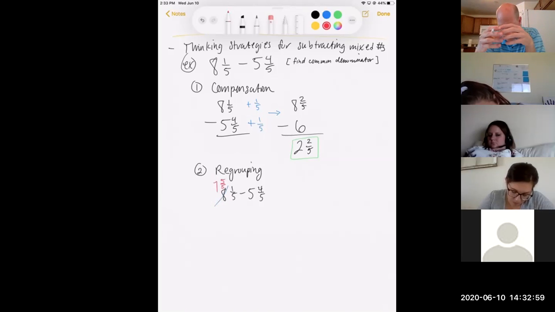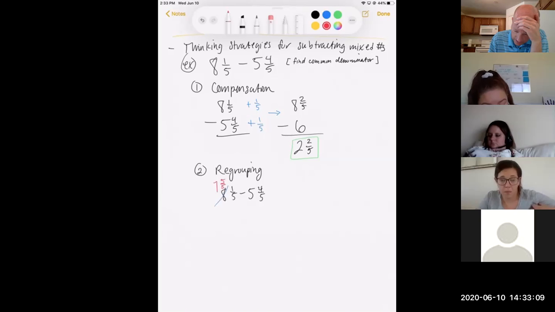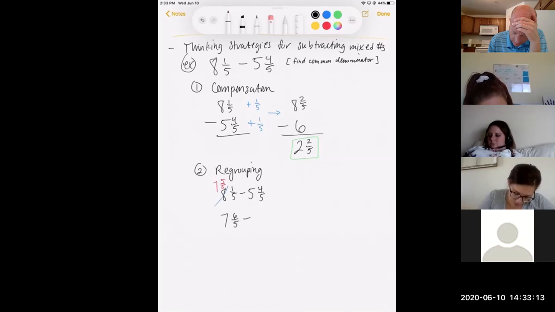So I can change out one of my whole numbers with 5/5. And so I have 7 wholes and 5/5 plus another 5th. Now when I put them together, I have 7 6/5 minus 5 4/5. Now I can go ahead and subtract the fractions and subtract the whole numbers.